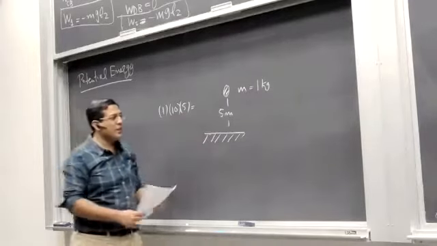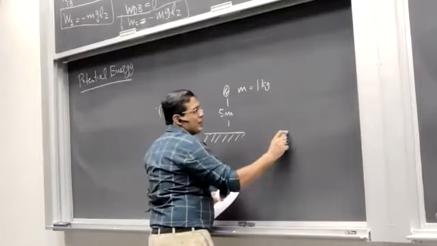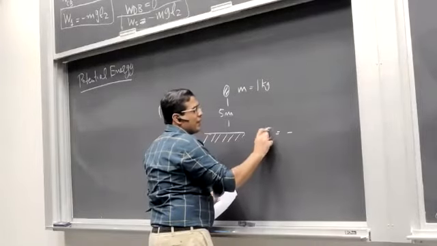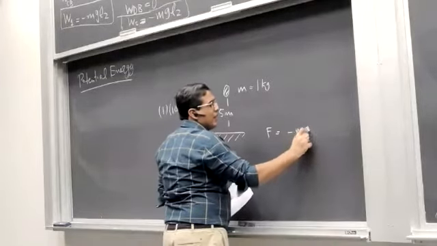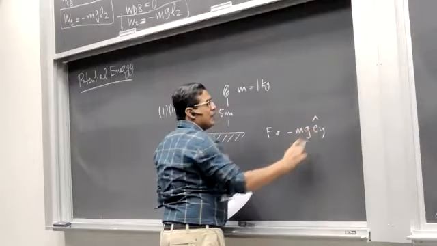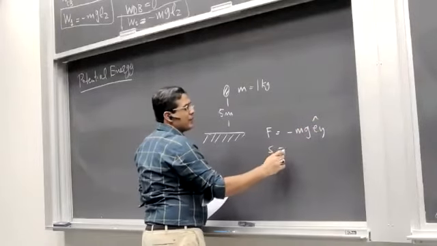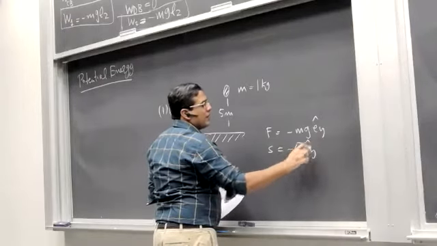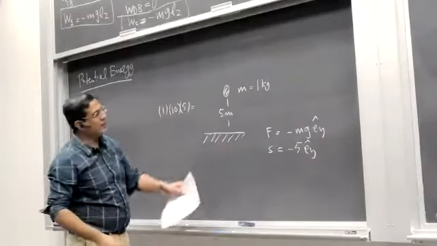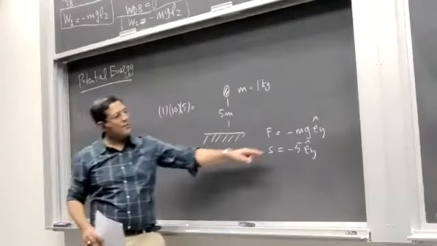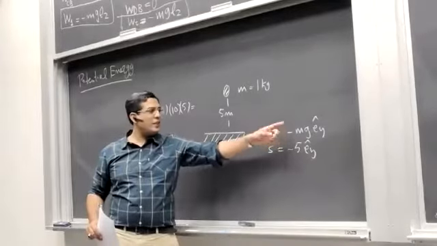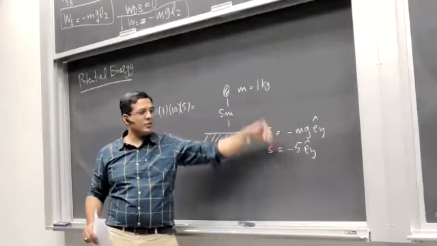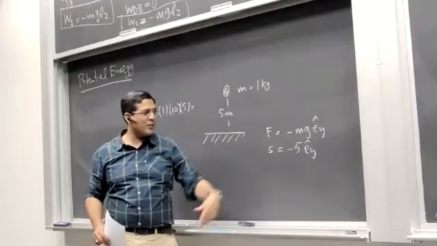The proper way of writing it: F equals minus mg ey, and the distance in this case would be minus 5 ey. If you take the dot product, you get mg times 5, and the minus of both, because both vectors are pointing downwards, would become plus.